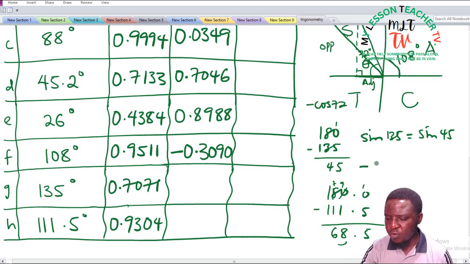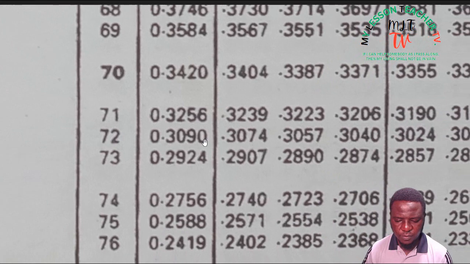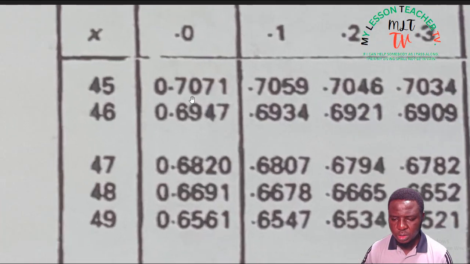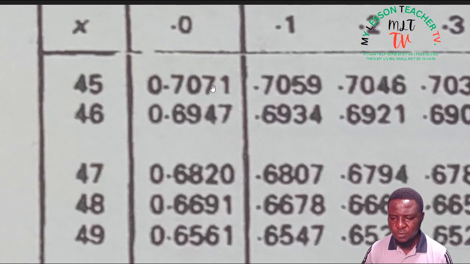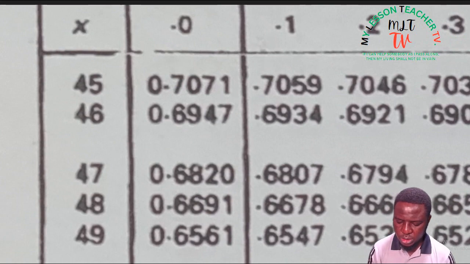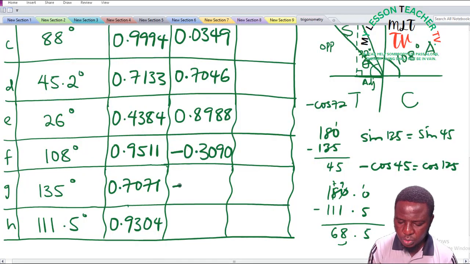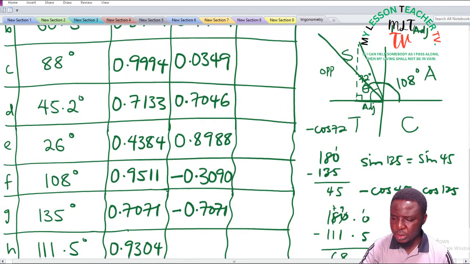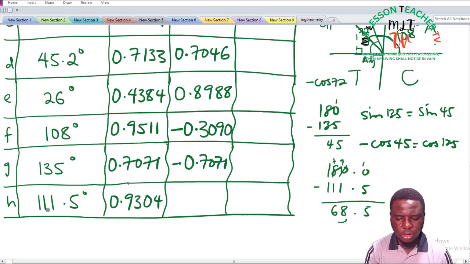So we shall look for the value of minus cos 45, which is equivalent to cos 135. So cos 45 under 0 is said to be 0.7071. So this is equal to minus 0.7071.